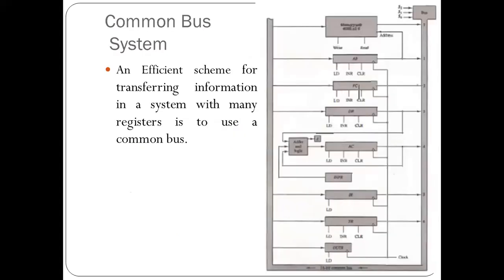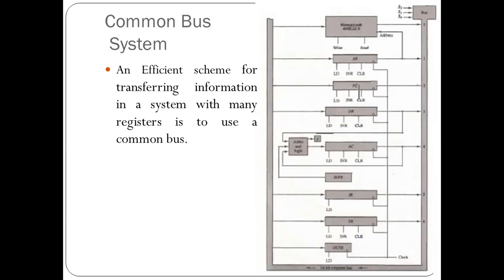That is the common bus system, which uses multiplexers, with select lines S0, S1, S2 on all your registers, connected with the help of a 16-bit common bus, which provides communication between all the registers and the memory unit.